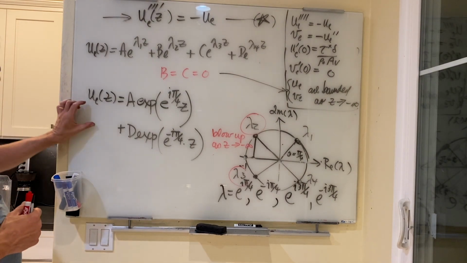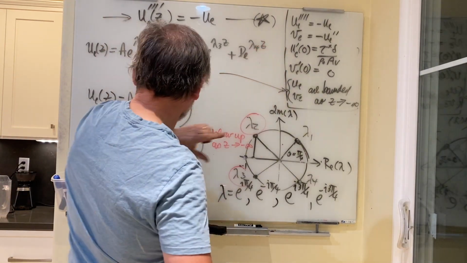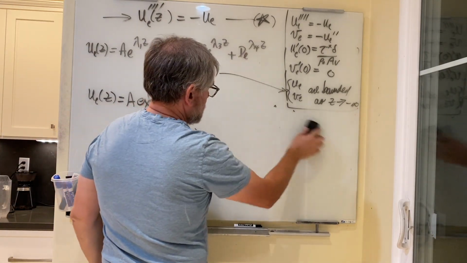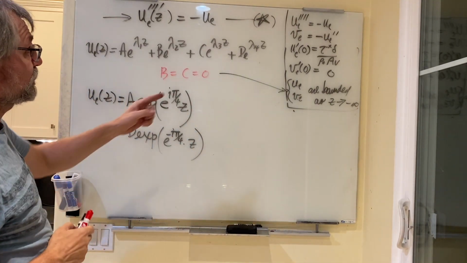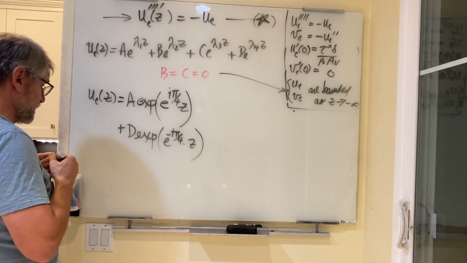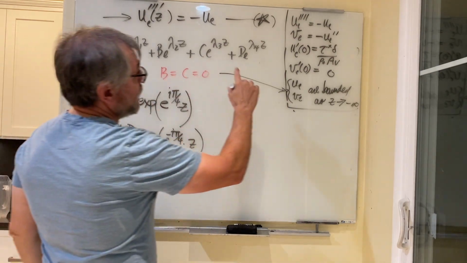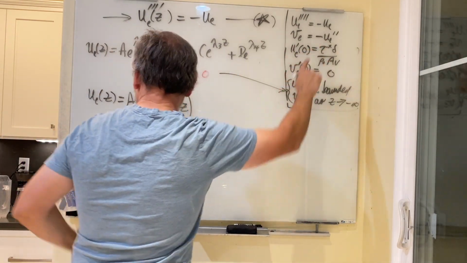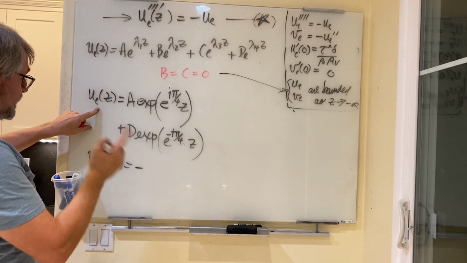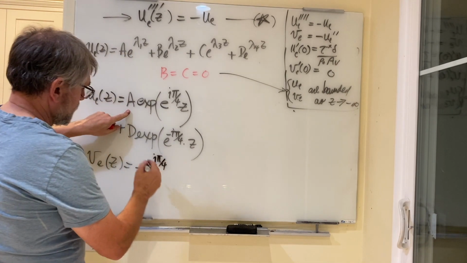Okay, so now I have to apply my remaining two surface boundary conditions, the conditions on the stress, to find what a and d are. So let's find out what VE is first, and so then I could apply this boundary condition also. So VE of z is equal to minus second derivative of UE, so I take the second derivative of this one. So this will become minus UE double prime would be e to the I pi by 4, and I square it, right?